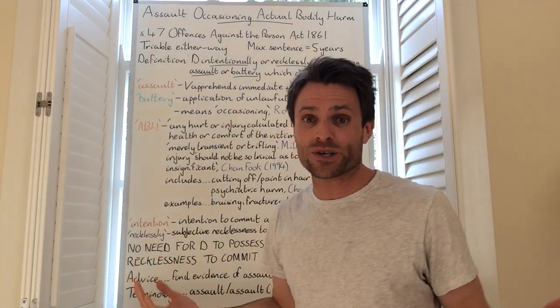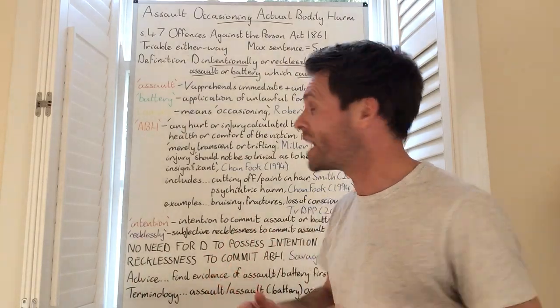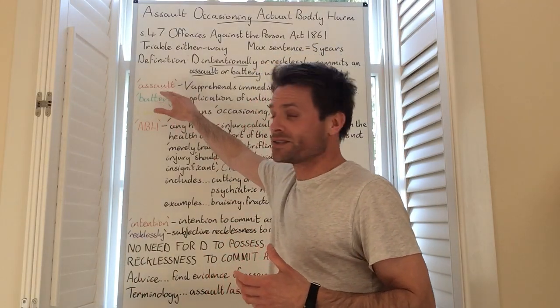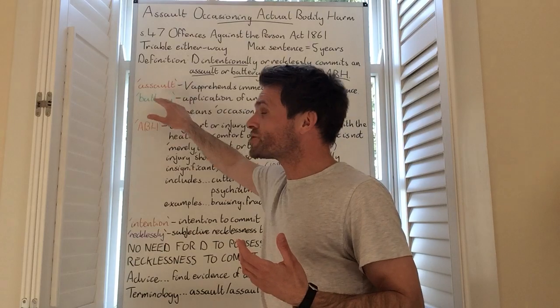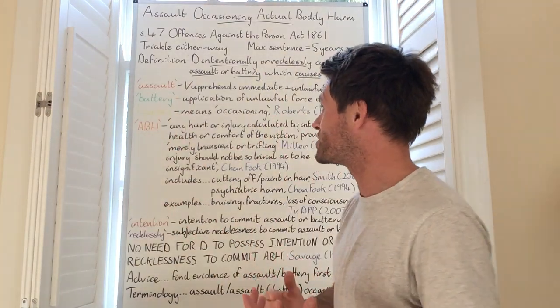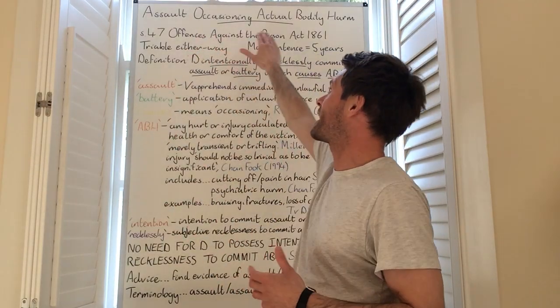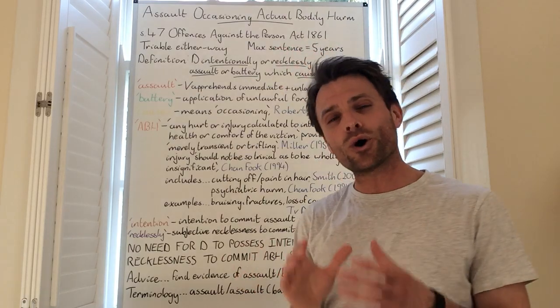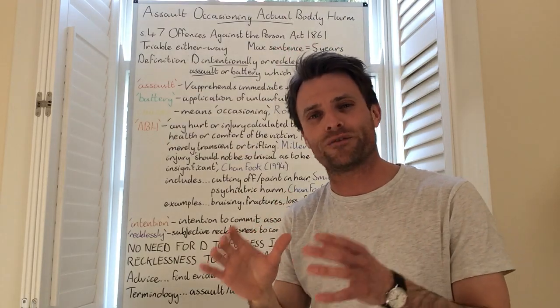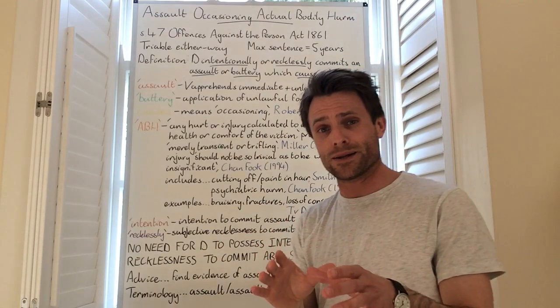In simple terms, it is unwanted touching. Both these separate offences, assault and battery, are your starting point when it comes to determining the offence of assault occasioning actual bodily harm. So look out for an assault and battery first, and I'll reiterate that point at the end of this video.